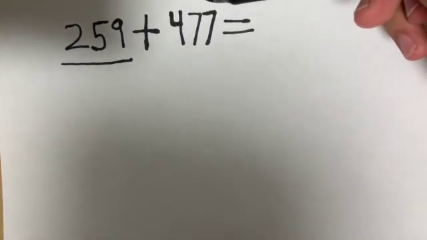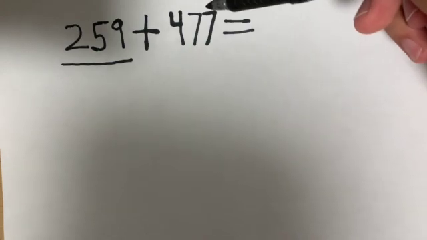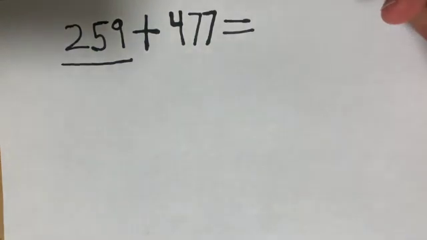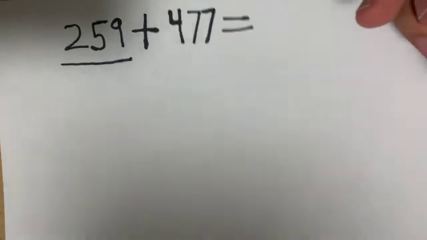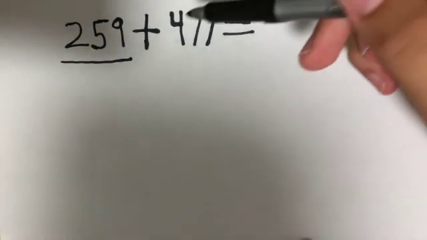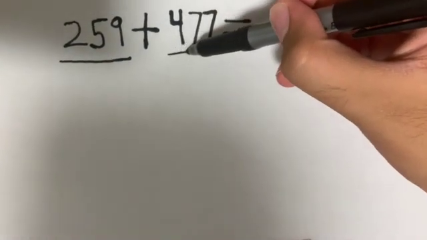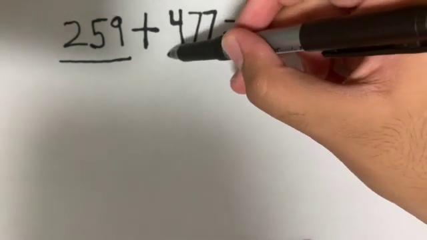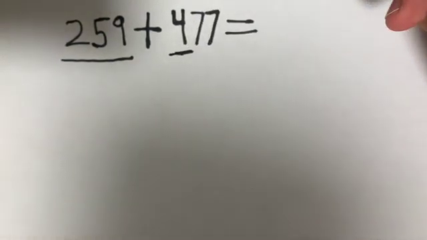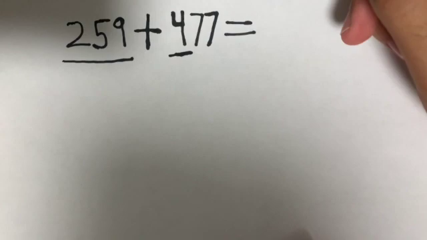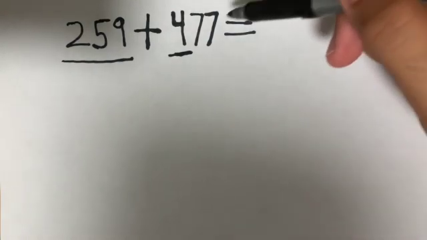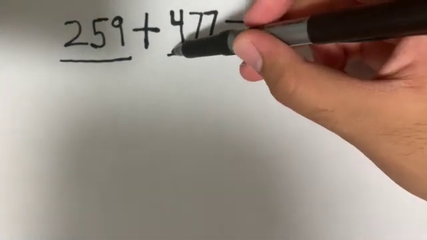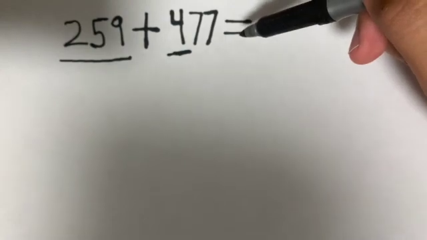So we count up by 100, and since 100 is a very easy number to count up by, we're going to count up hundreds by 4. Whichever number is in the hundreds place, you count up by that number.